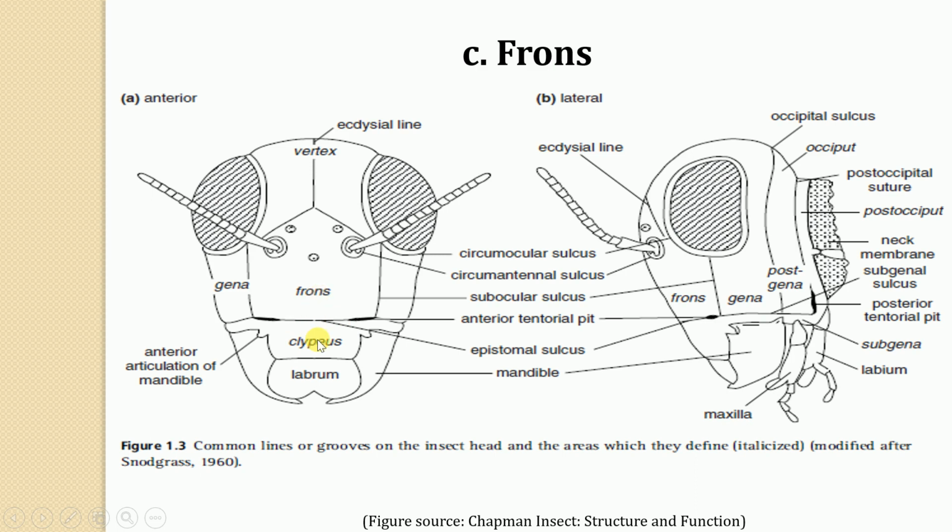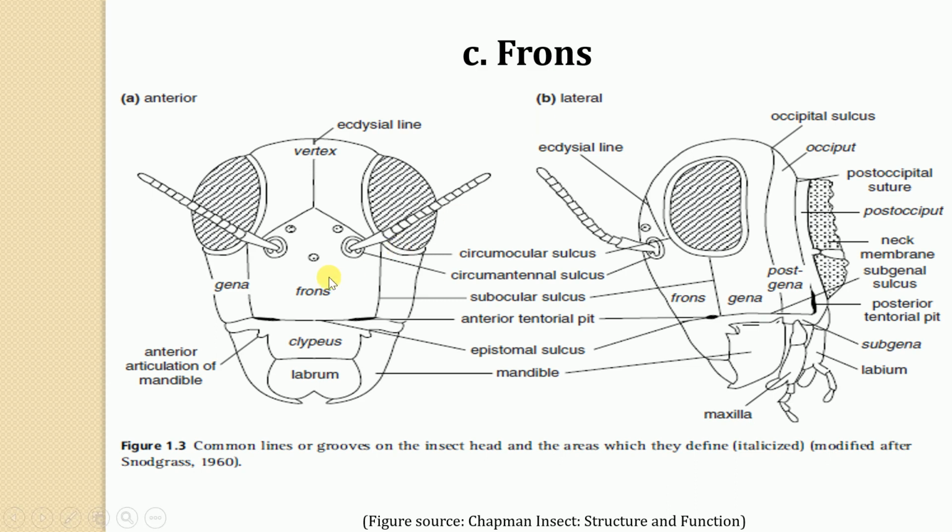The frons typically represents the upper facial region. So this is the facial region of the insect head, and the pharyngeal dilator, labral hypopharyngeal muscles and the adductor muscles of the mandibles are usually inserted on the middle of this frons region.